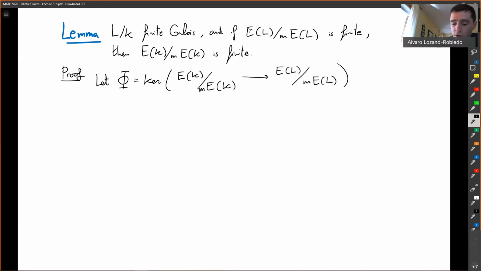Okay, so note these fit in the following sequence.